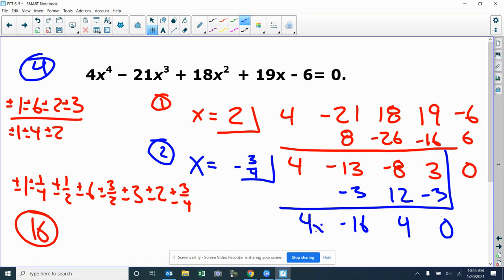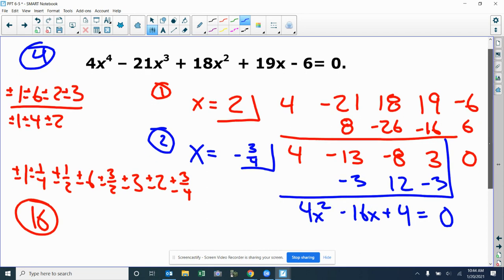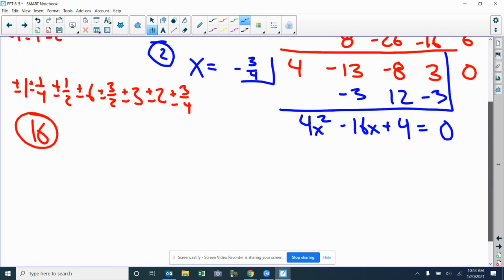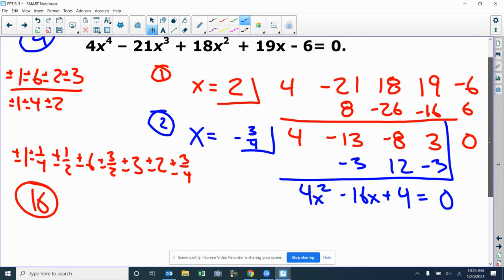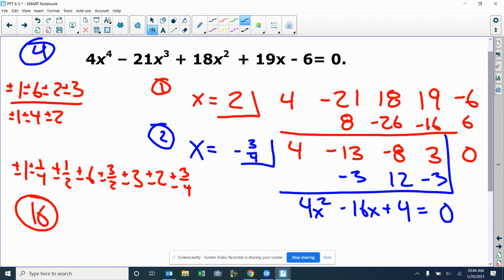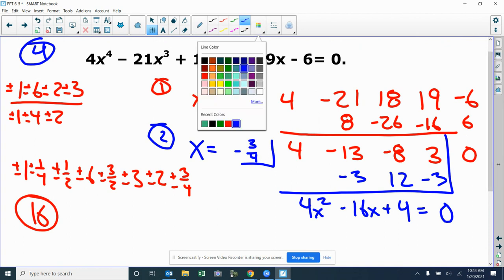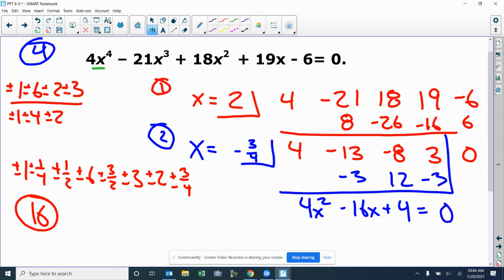So this is gonna be 4x squared minus 16x plus 4 equals 0. I need some room there, but I'll go back up a little bit. How do you wanna go about that? Complete the square, quadratic, because I don't think it's gonna factor, but let's take 4 out.